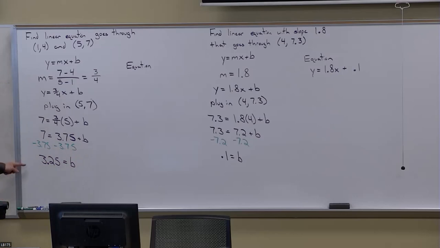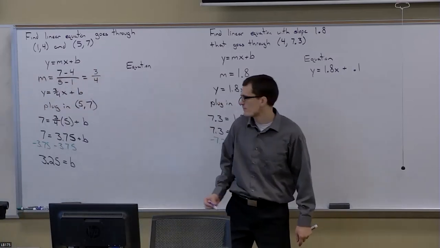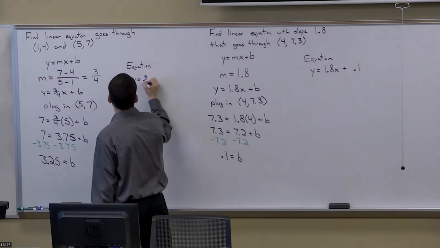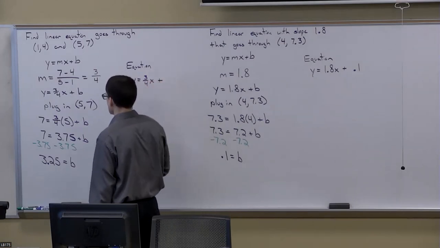You can also write that as a fraction if you like. Again, your calculator automatically exchanges things between fractions and decimals. So my equation is y equals 3/4 x plus.